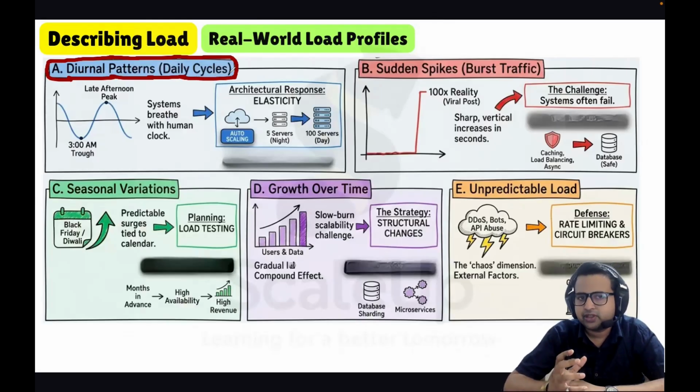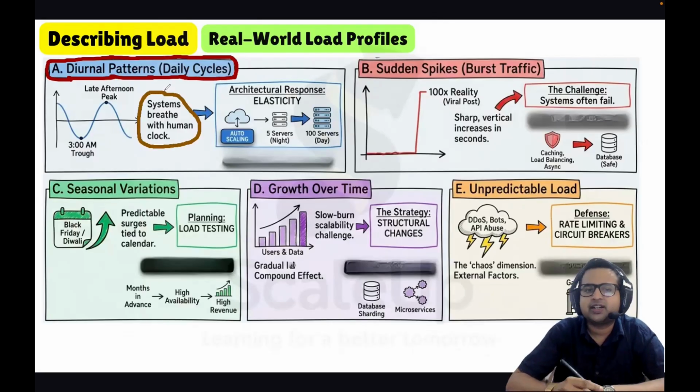Most of the systems are perfectly in sync, or aligned, with the human clock. So when humans are sleeping, the load will be very less. And during the daytime, the load will be at its peak. So that is what daily cycles means.